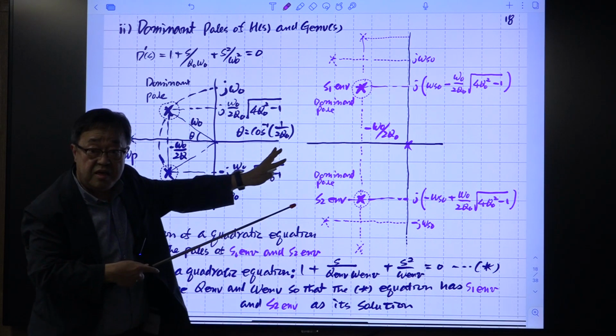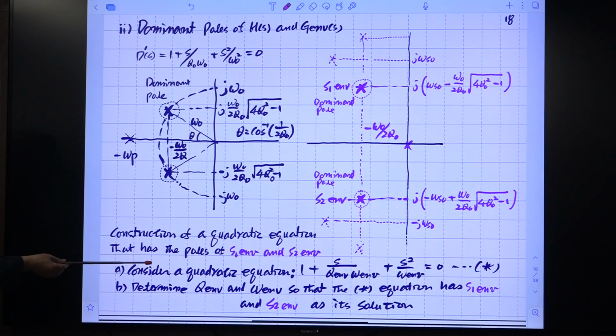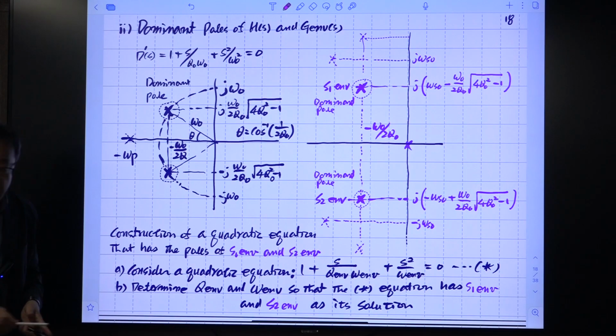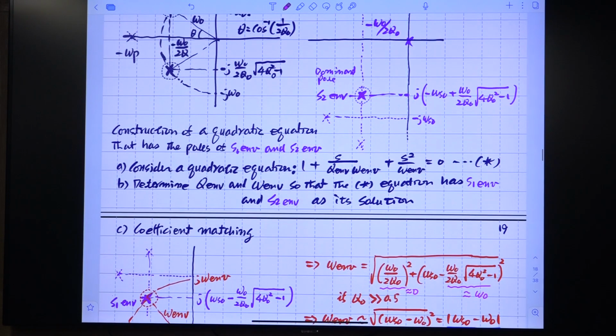That is very easy. I wrote it down here: construction of a quadratic equation that has the poles at S1,ENV and S2,ENV. The matter here is just to consider a quadratic equation. So you have Q and omega, just to indicate we are interested in the envelope sinusoid.